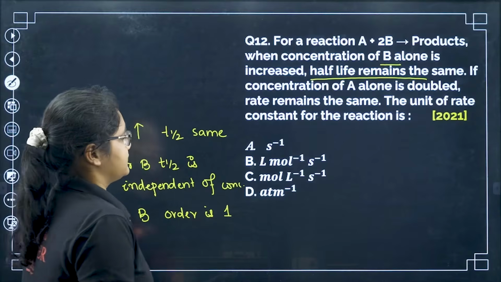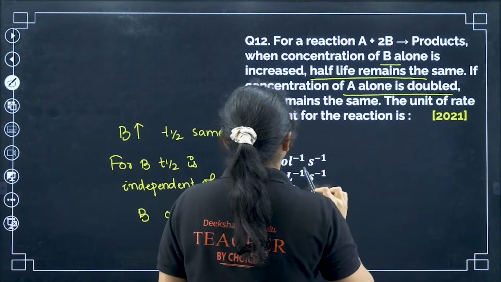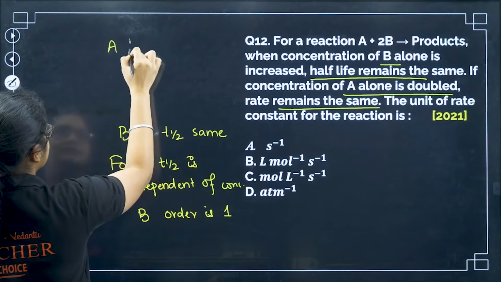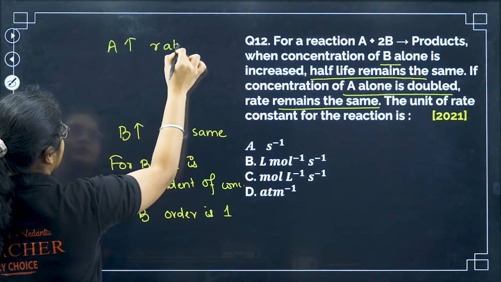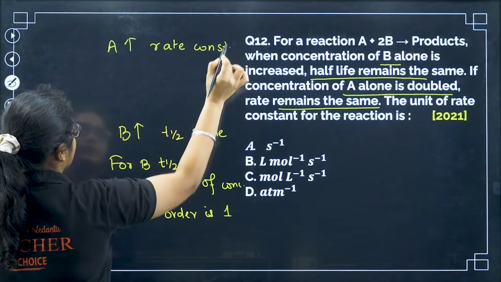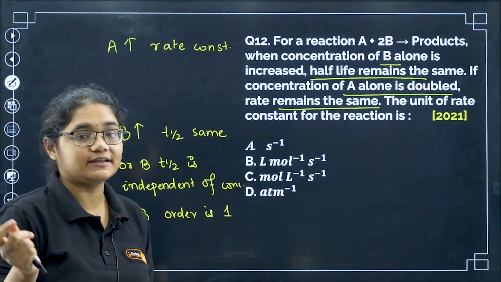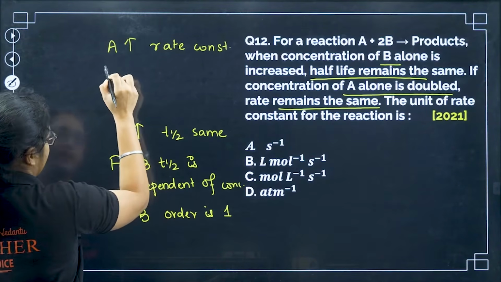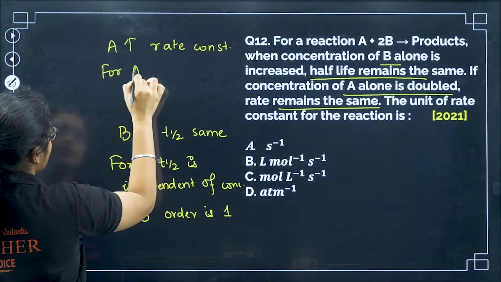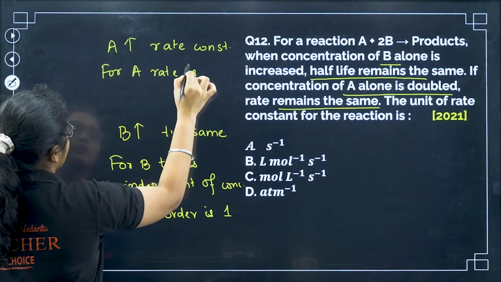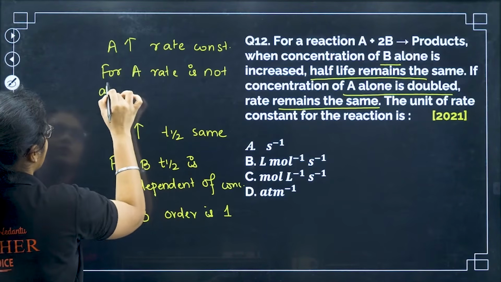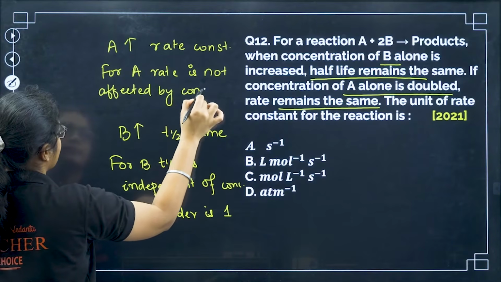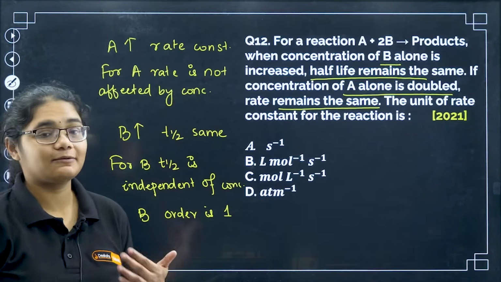Okay. Next, if the concentration of A alone is doubled, the rate remains the same. So now for A, if the concentration of A is increased, the rate is constant. So that means I can say that for A, the rate is not affected by concentration.